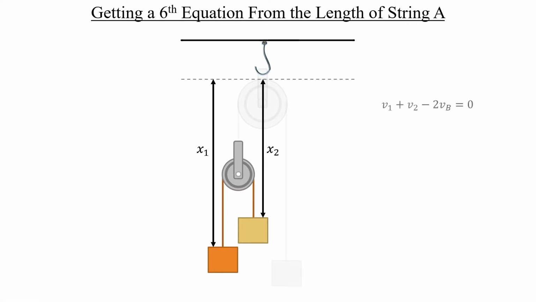If we do this process again and apply another derivative, we'll end up with a rather interesting equation for the acceleration. If we move the acceleration term for pulley B over to the right and then divide both sides by 2, well, this says that the acceleration of pulley B is the average of the accelerations for block 1 and block 2. Interesting. Now we have 6 equations and we can proceed.